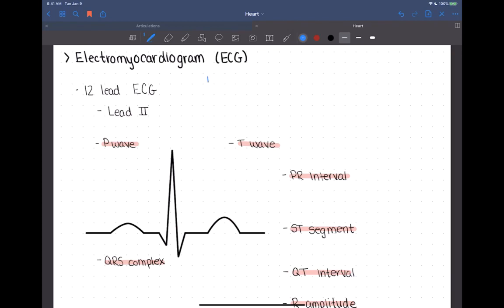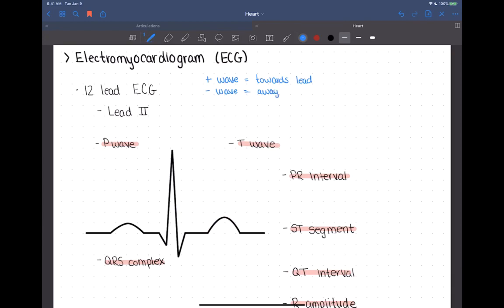When you see a positive wave, a wave that goes upward, all that means is that the electrical activity is moving towards the lead. A negative wave means that activity is moving away from the lead.